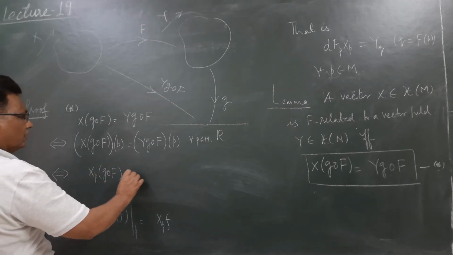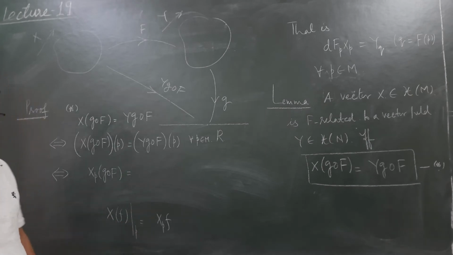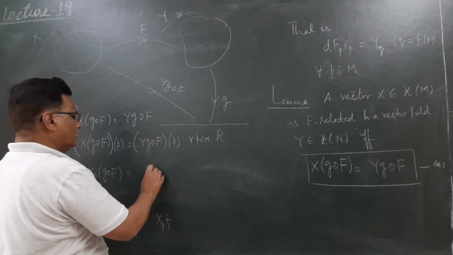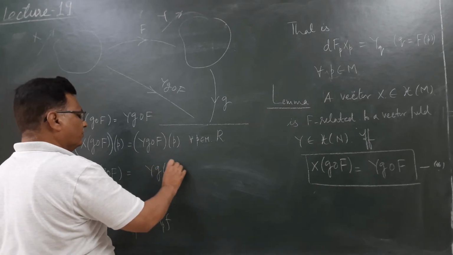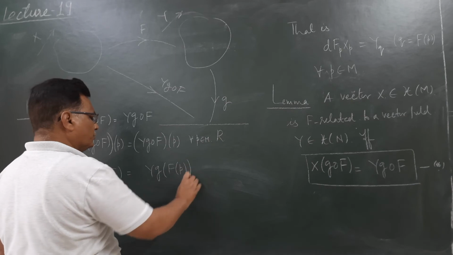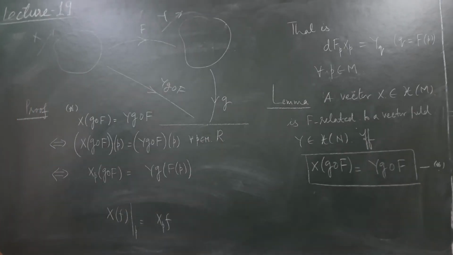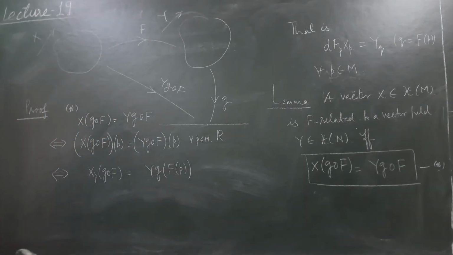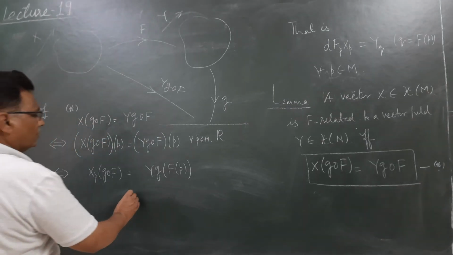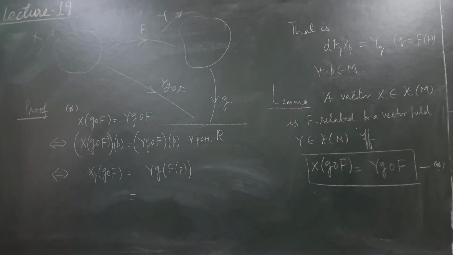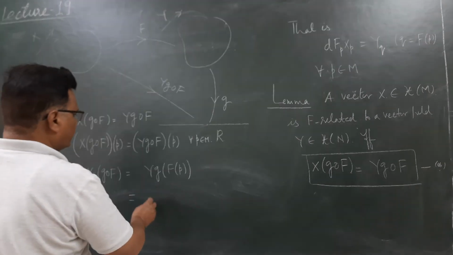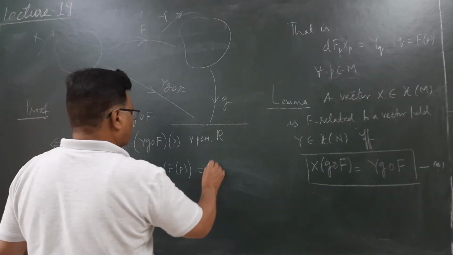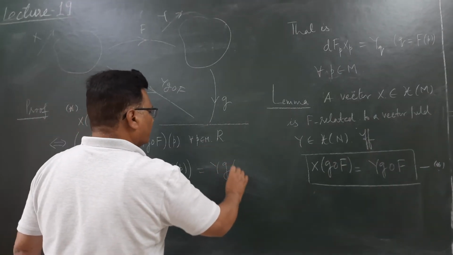And the right side you have a composition of two functions, so I will write it like this: Y g operating on f(p). That is what composition means, two functions. Okay, Y g composition f(p). So what does it mean? So this is Xp, Yg at q, or you can say it is Yg operating on q.